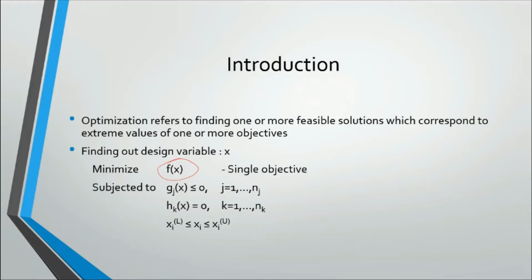So x can be an array of different variables, and each element in the x array should be within a lower limit and an upper limit. So that is this condition. This is the general method of expressing an optimization problem.